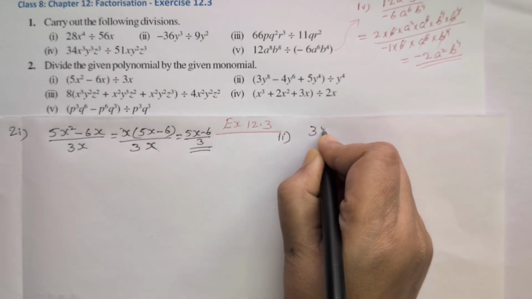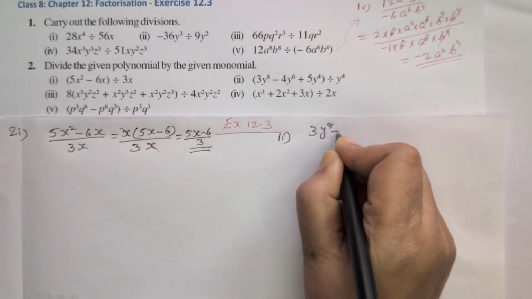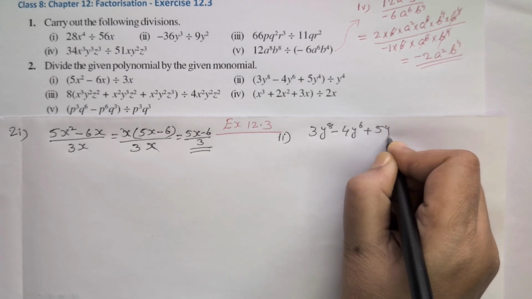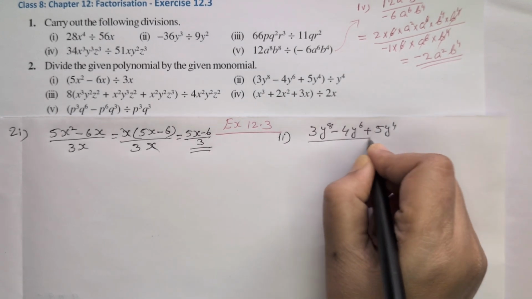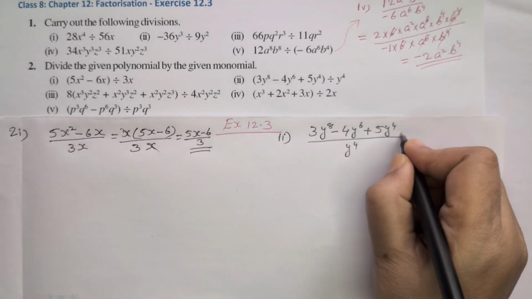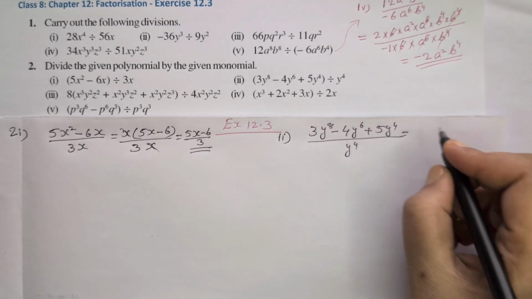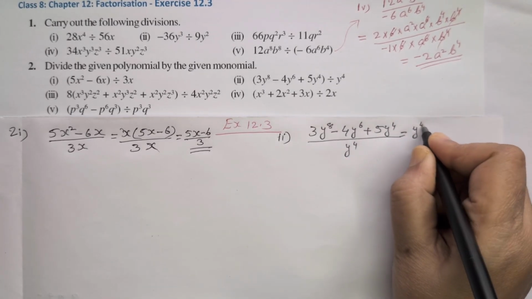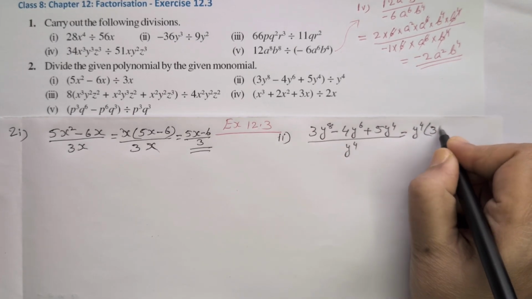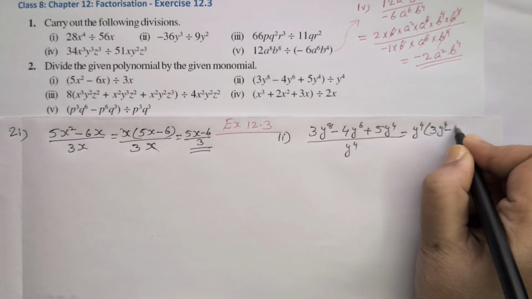Here 3y raised to 8 minus 4y raised to 6 plus 5y raised to 4, the whole thing divided by y raised to 4. Here y raised to 4 is common everywhere, so take that as common. Then the remaining is 3y raised to 4 minus 4.